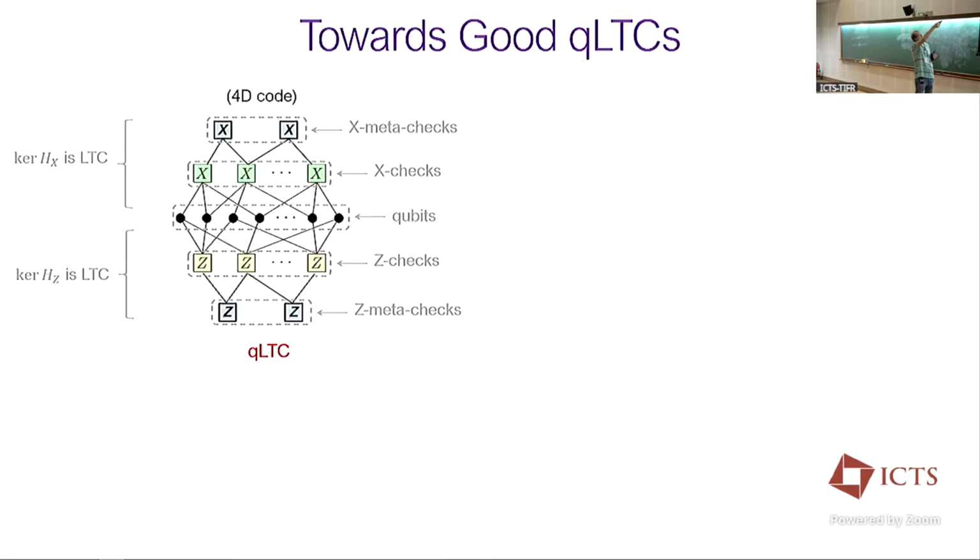So this is an LTC, and we can run a linear time decoder for this. And this is also an LTC, and here we can run it and reduce the error. So we can run these decoders on this part and this part.